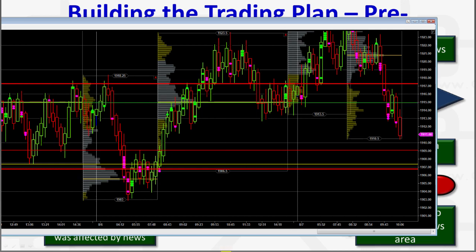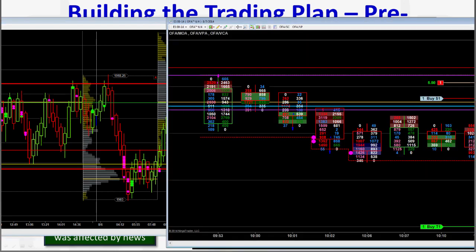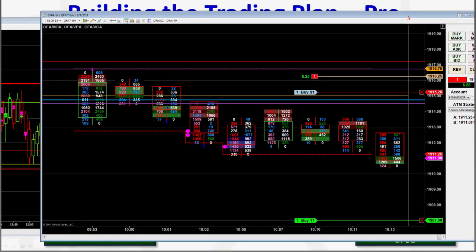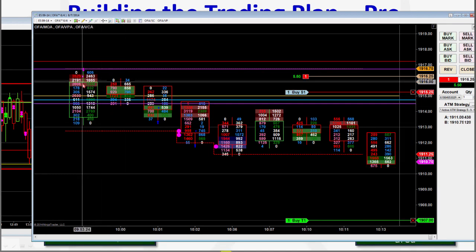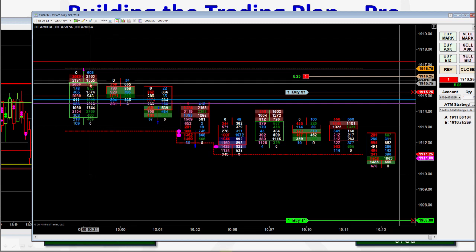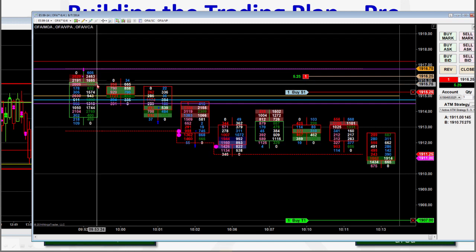Can I explain selling versus buying cluster? Yeah, I can do that here. So these are the clusters, right? In red, I call it a selling cluster. It's not technically a selling cluster, and I probably should term it something different.